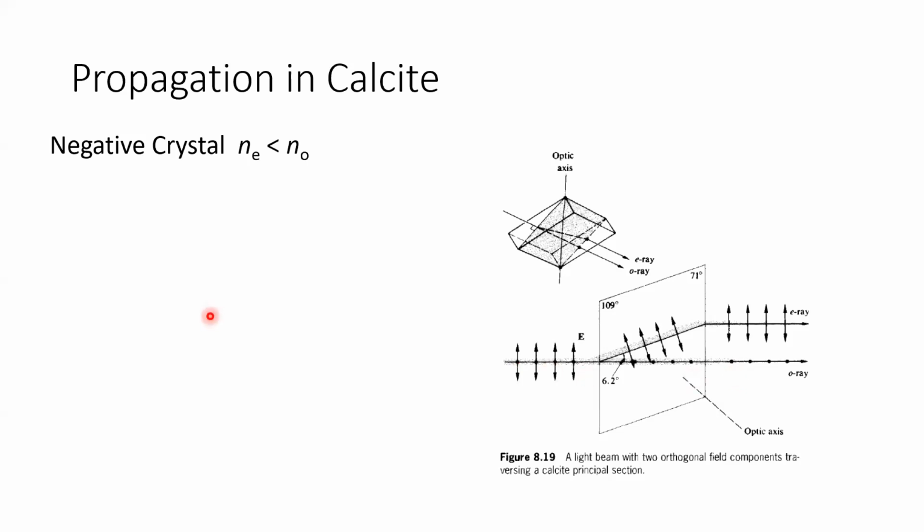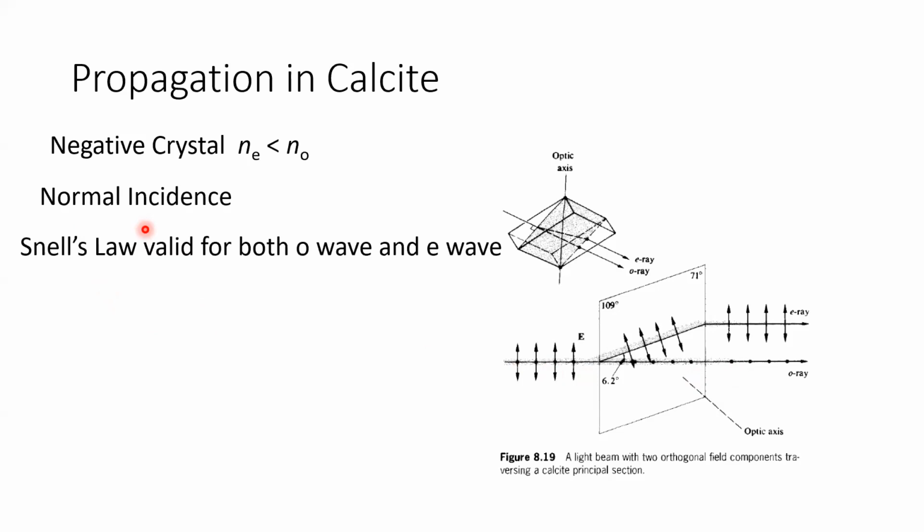So let's try to understand why this happens. First of all, it's a normal incidence. As far as wave propagation is concerned, remember, wave propagation is a propagation of wave fronts.